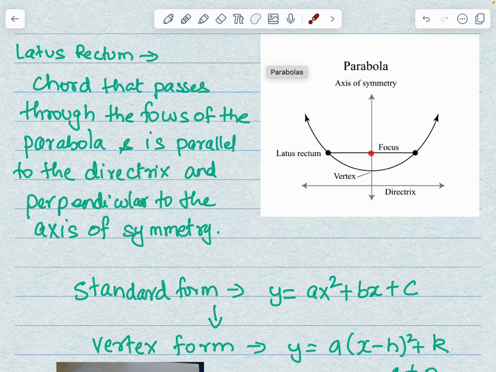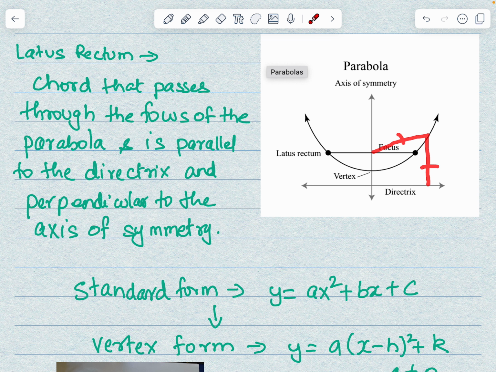One is the focus, then you have the directrix, and then you have the latus rectum. The directrix is always the line that's outside of the parabola. Now the parabola is a set of points that is the same distance to the focus and the directrix.